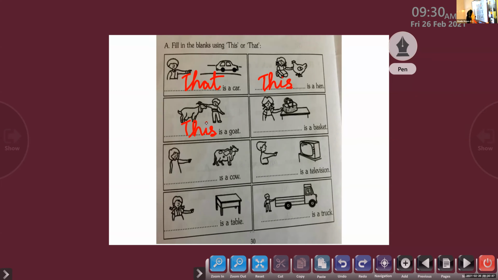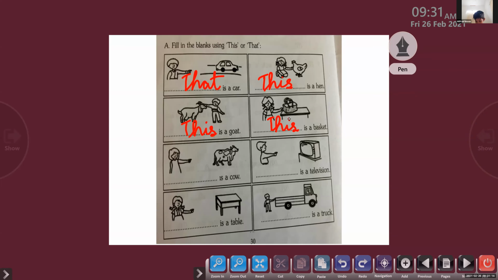The next one, girl and the basket. Bennett, the girl and the basket. This is a basket. Okay, thank you. Wilfred, unmute. Try the next one. The girl and the cow.